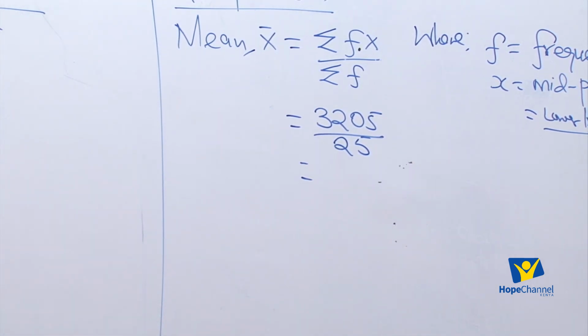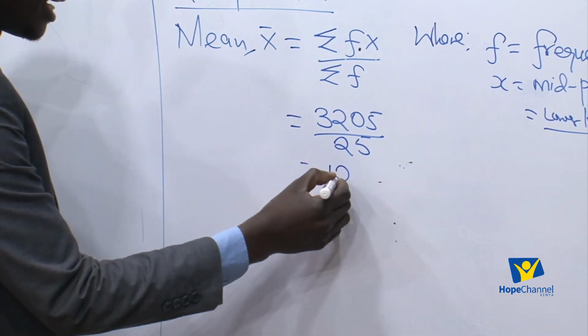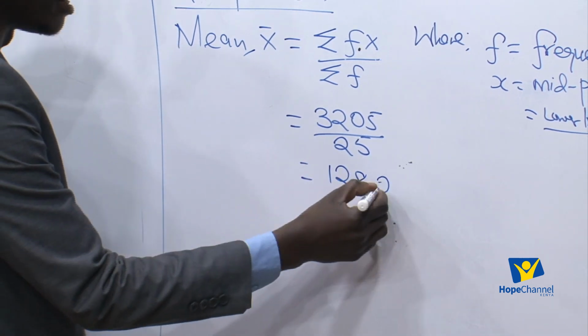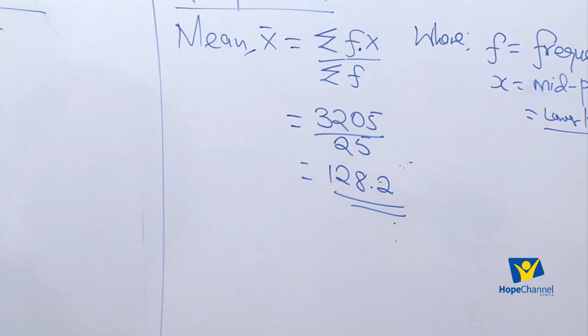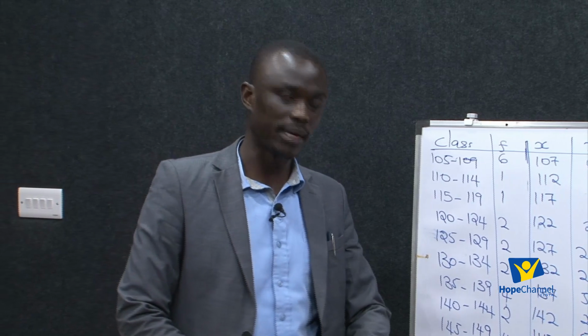So 3205 divided by 25 is 128.2. So 128.2 is the mean of that particular data.